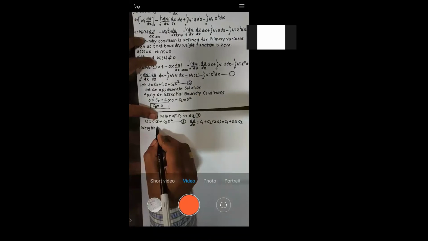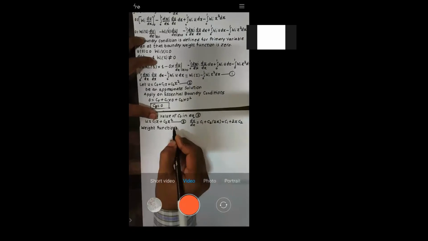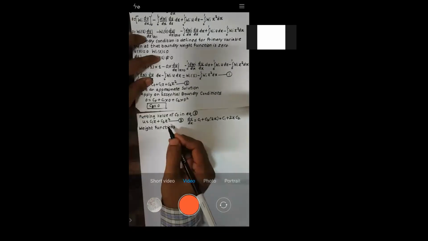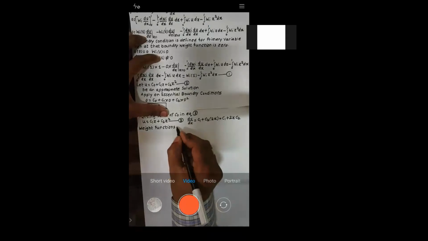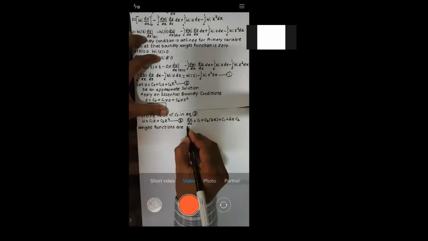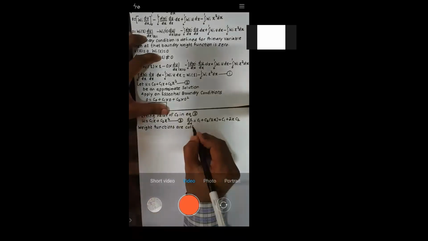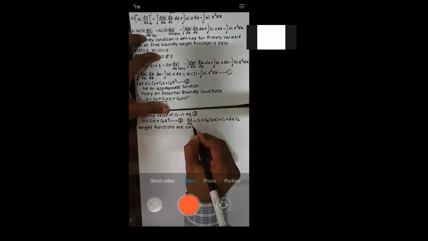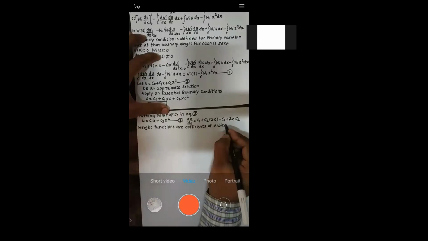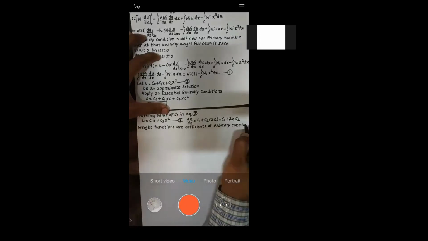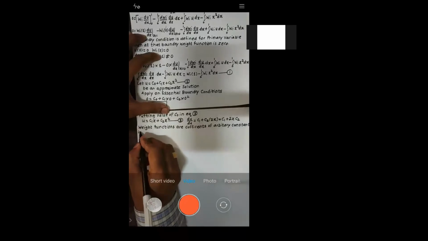If you can recall what is there in the last numerical, you can tell me. x and x square. Right. Weight functions are here only. Can you see this one? What is the coefficient of C1? It's x. What is the coefficient of C2? It's x square. Right? So weight functions are the coefficients of arbitrary constants in the approximate solution.